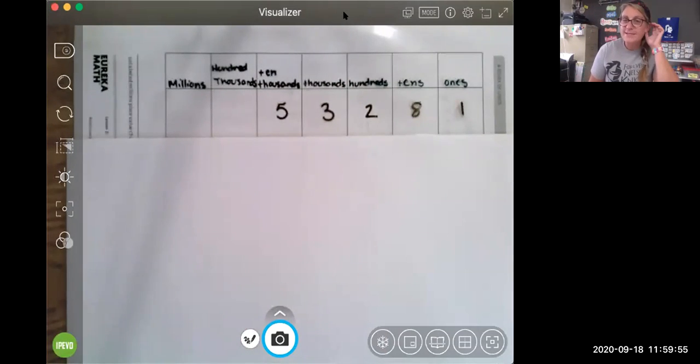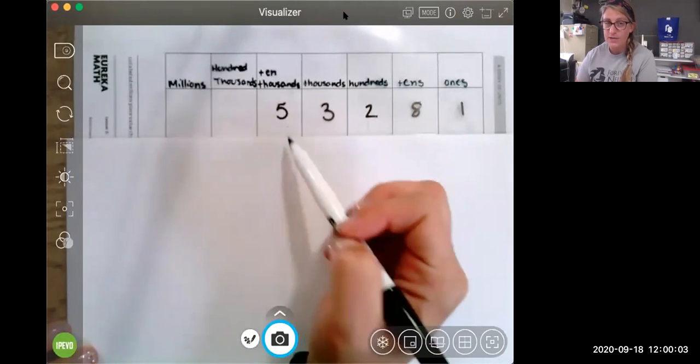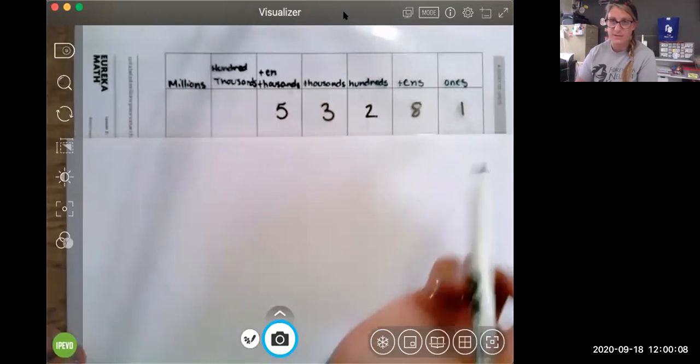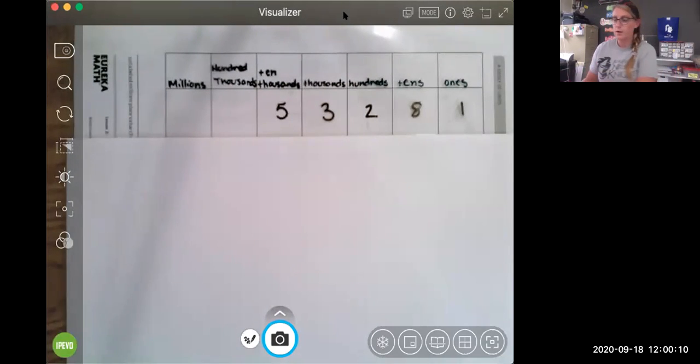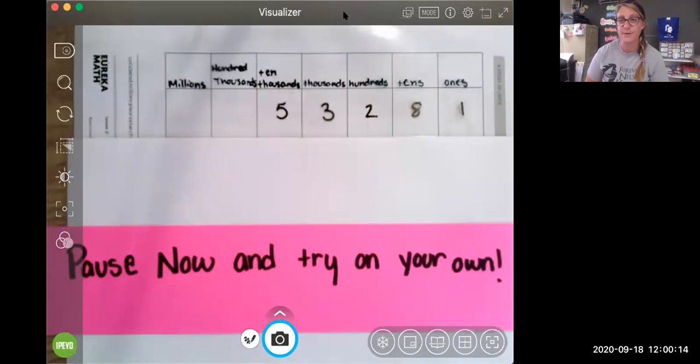Okay, write this number in expanded form. Remember, one way to start is by breaking down each number into each digit's individual place value. Try on your own. Write an equation for your expanded form.